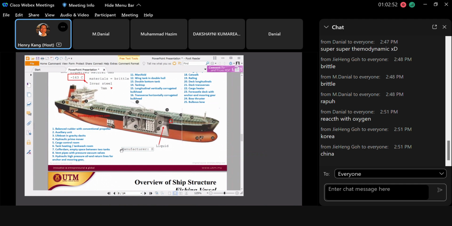South Korea, North Korea I'm not sure. South Korea, China, Japan. Then some European countries definitely. But in Asia, only these three countries managed to build the LNG carrier.